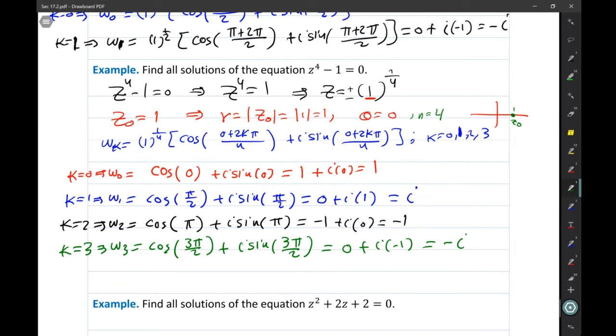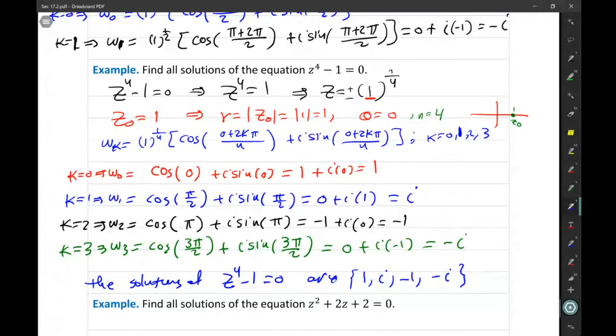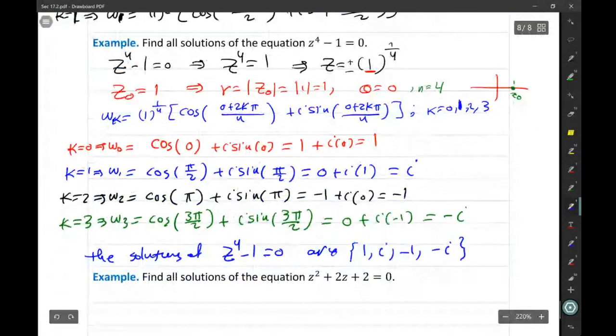So the solutions of z to the power of 4 minus 1 equals 0 are 1, i, minus 1, and minus i. Those are the 4 roots.